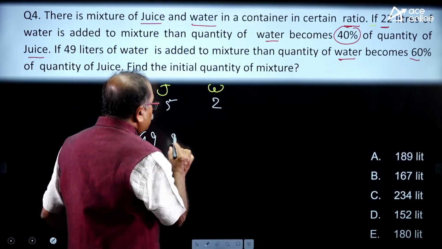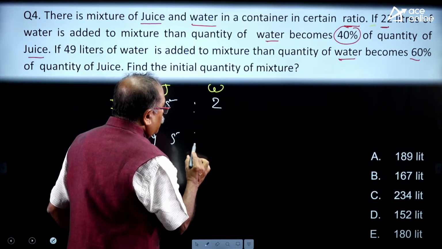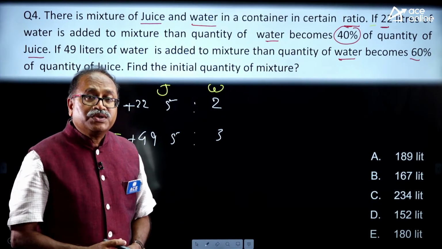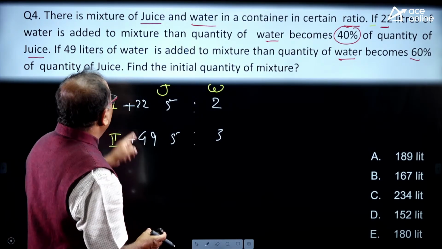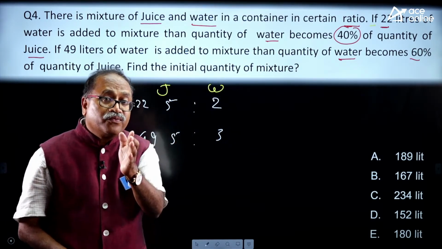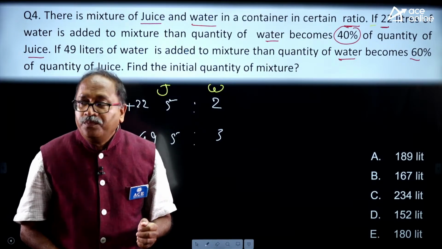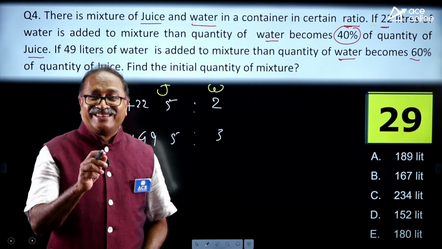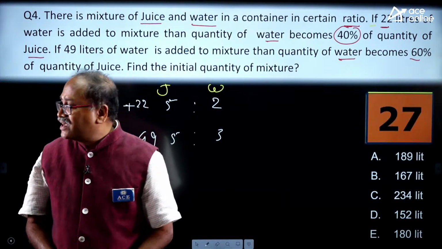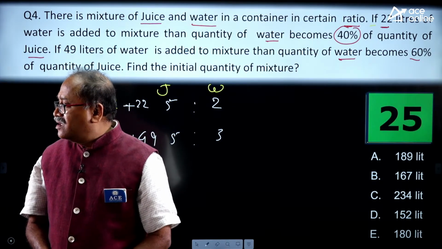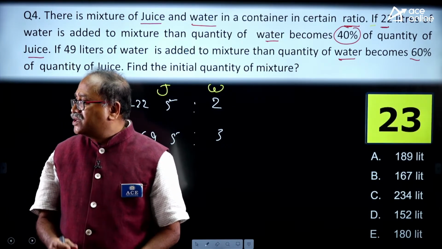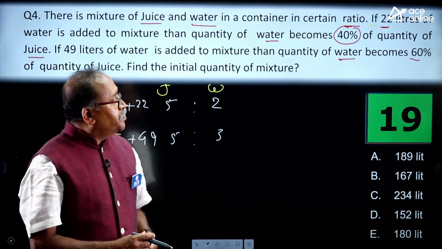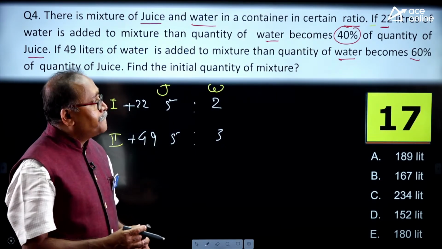Now find out what is the initial quantity of mixture. Hope many of you understood this. I am giving 30 seconds for you to answer this question. Please try this one. Come on, Dharni. It looks like you are very good at this. Come on.